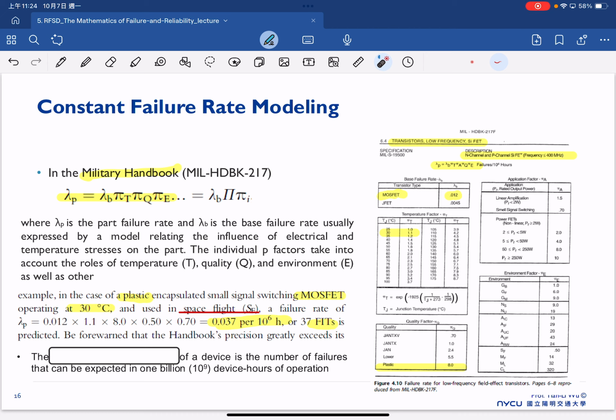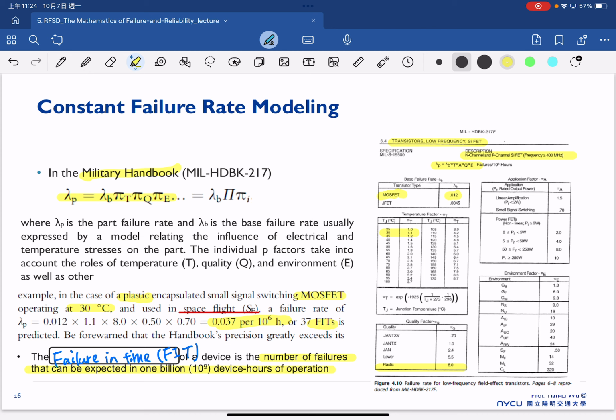The full name of FIT is failure in time. It's defined as the number of failures that can be expected in 1 billion device hours of operation.